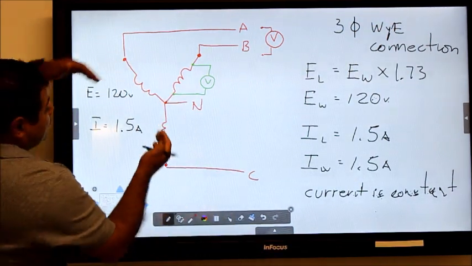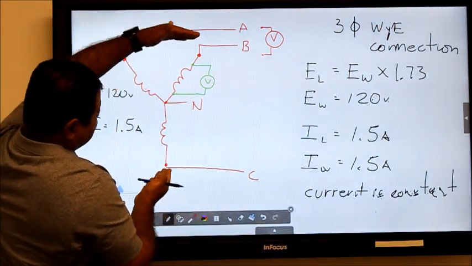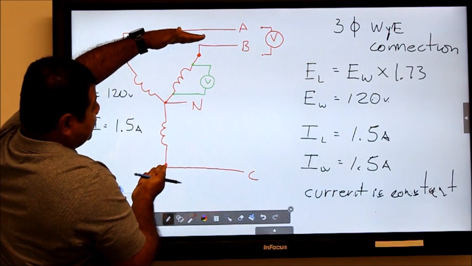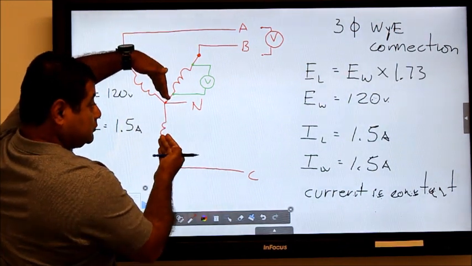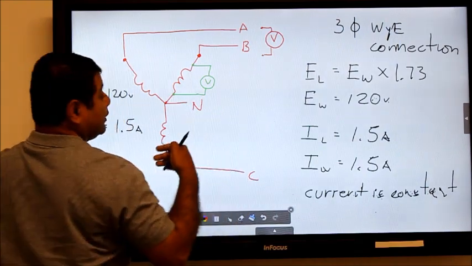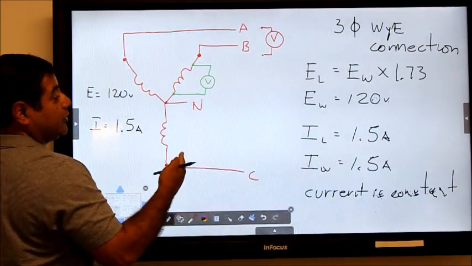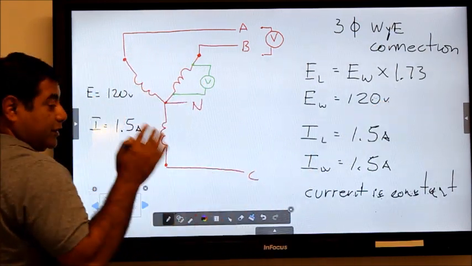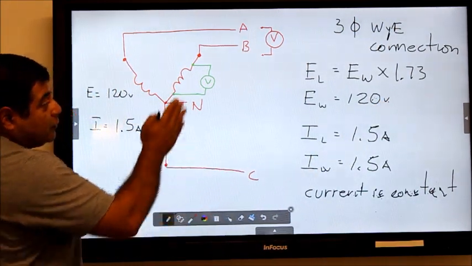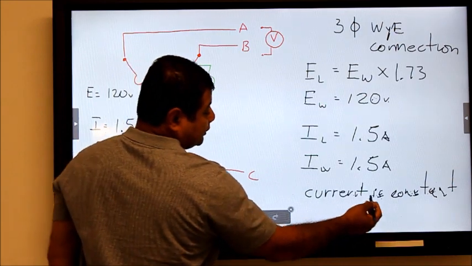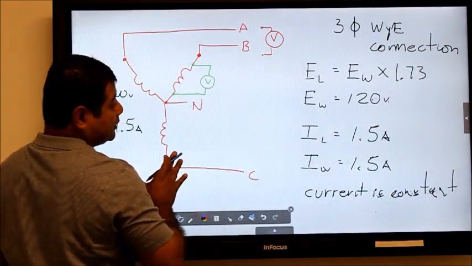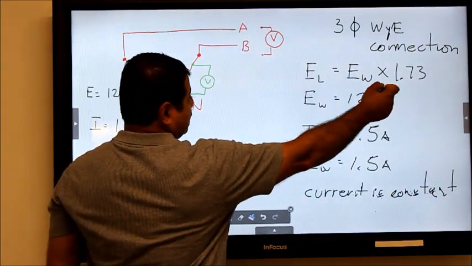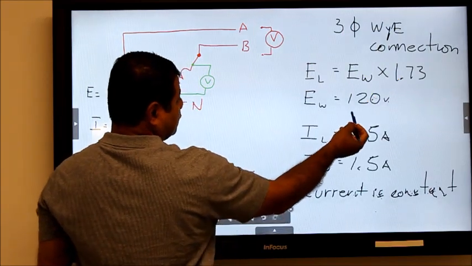Because you have two of them as you go from line to line. But it's not 240 volts. You have to add them vectorially. We go back to the tangent of 120 degrees, and that's where you get the 1.73. So, again, what you need to keep track of for the Y connection is that the current is constant, but the voltage of the line is 1.73 times the voltage of the winding.